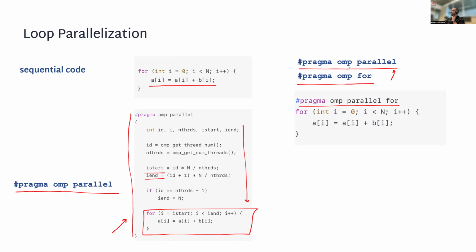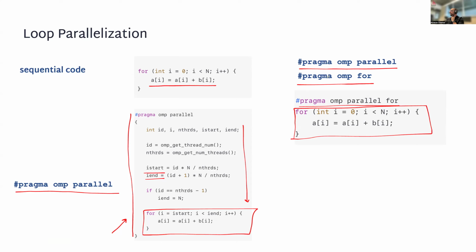Yes, so you can have this pragma omp parallel and pragma omp for, and then you specify your for loop. Make sure that this is, in this case, should be here, and you don't have this for. Oh, sorry. So this is okay. Just let me fix it. There's a typo here. I will fix it in the final version.